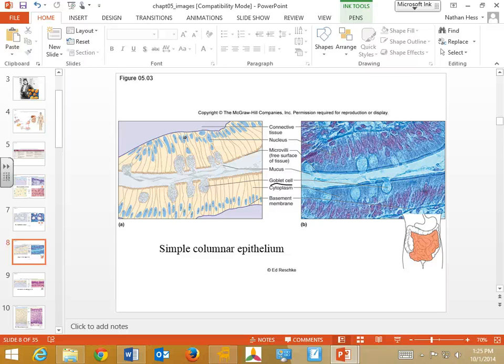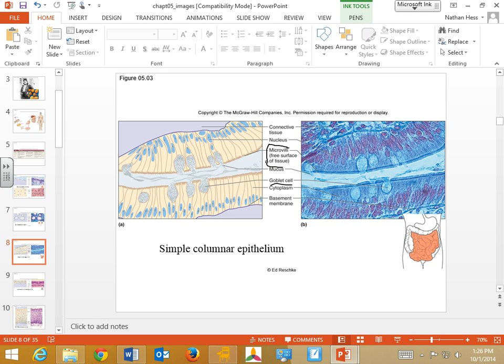But this is talking about inside the digestive tract, lots of mucus there. Inside your respiratory tract, lots of mucus. Inside the urinary tract, up through the urethras and the penis and the vagina, there is mucus present there. Okay? It's good stuff. So goblet cells produce mucus.